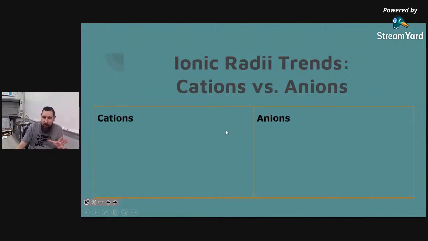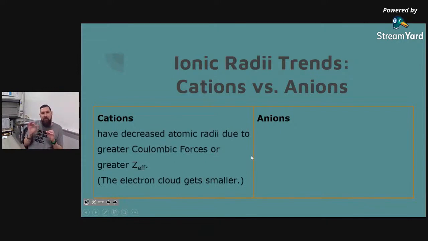As far as trends, going back to this idea of cations, these are your positive ions. They've lost electrons. And because you've lost electrons, we again increase that effective nuclear charge. Okay, if I start out with, say, a Q1 and Q2 of certain values, and then I remove that electron, then what ends up happening is my Coulombic forces increase, because as I remove that electron, my effective nuclear charge, my number of protons, is still the same, now attracting fewer electrons.